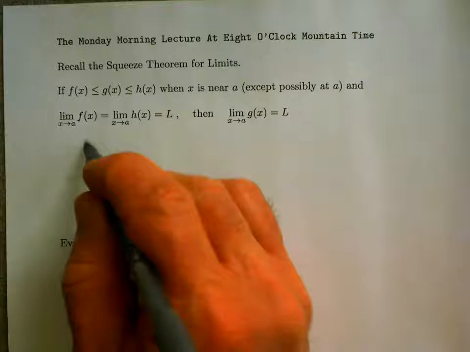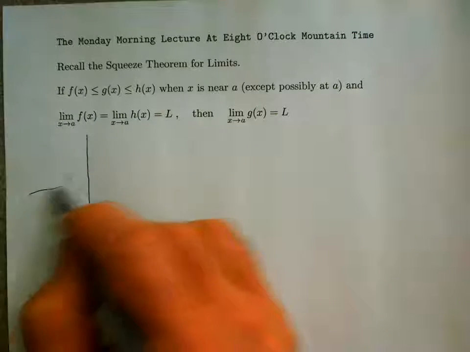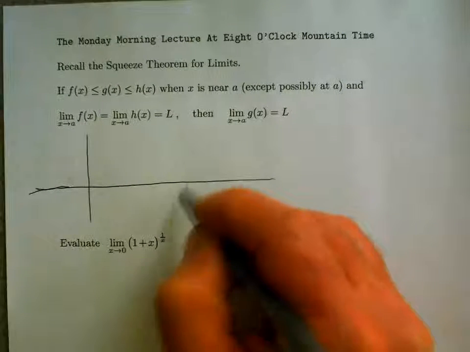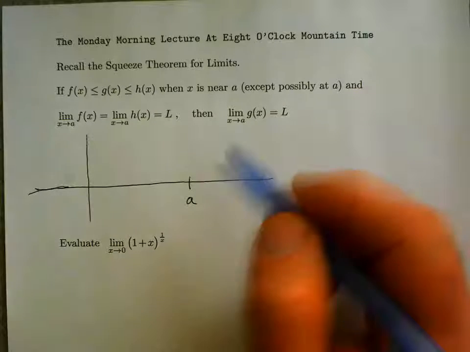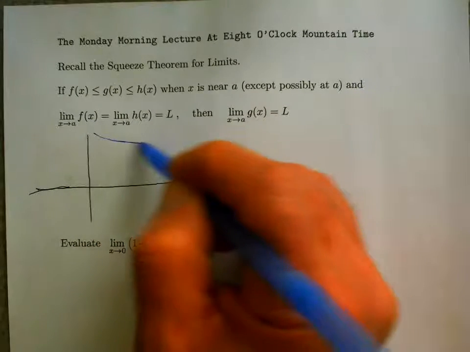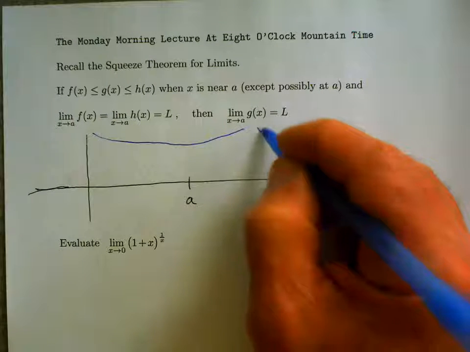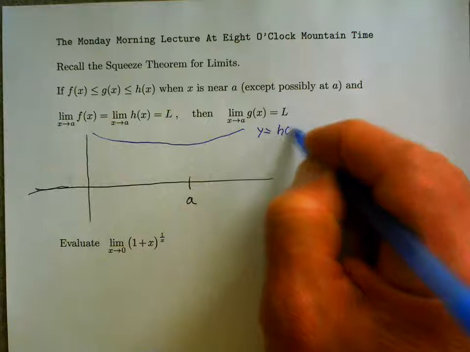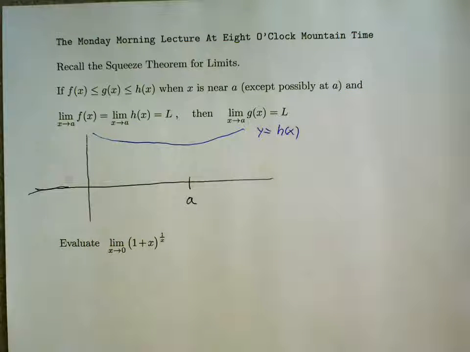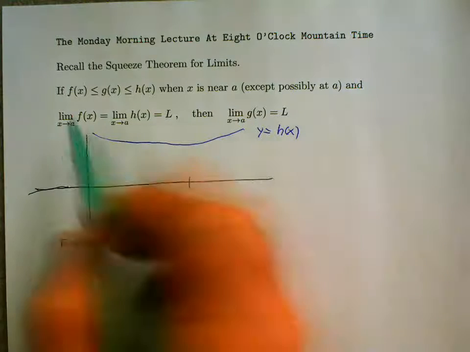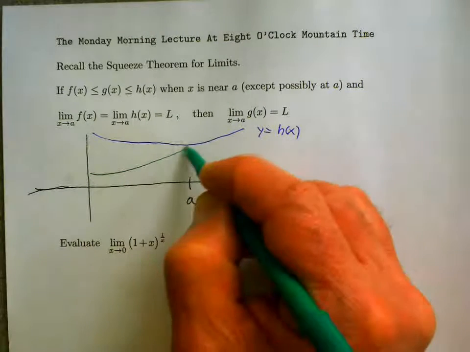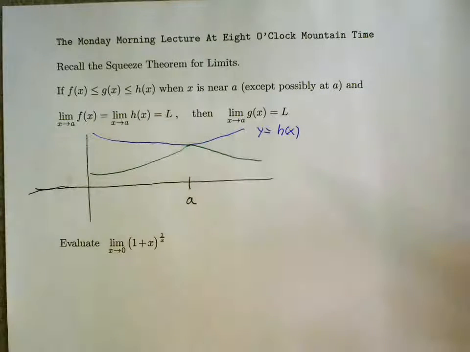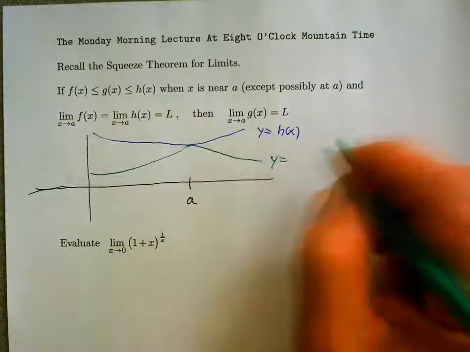So a simple illustration, if we have the xy plane, and if we have some function h of x that looks something like that, and another function f of x, which is below h of x, so this one's y equals f of x.